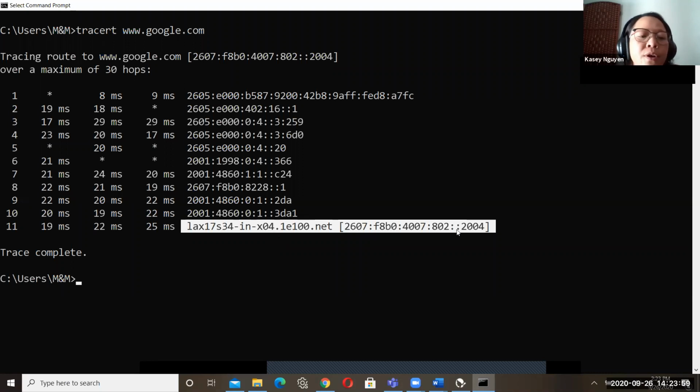Okay. So what you're seeing is that it could be more than 30 hops, meaning 30 networks that we crossed. However, your operating system command line, like Windows 10, can only track so many, right?